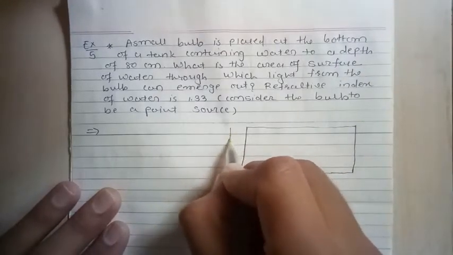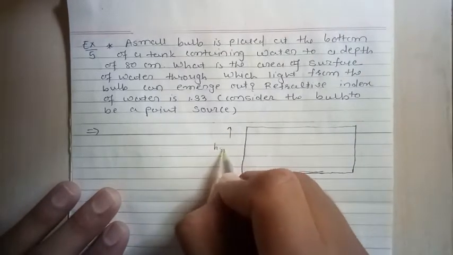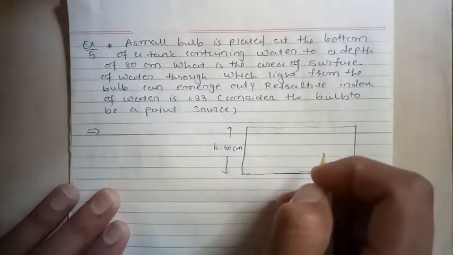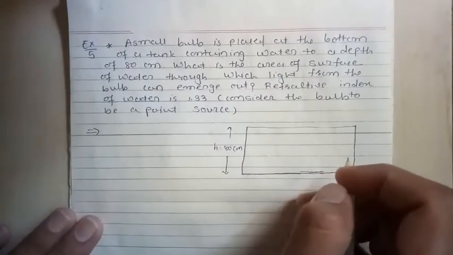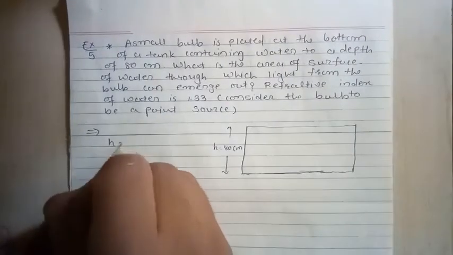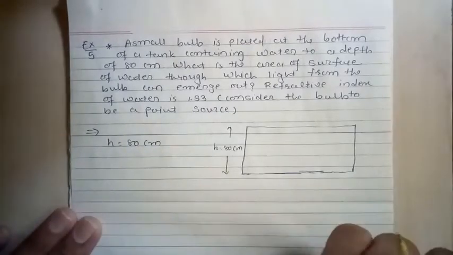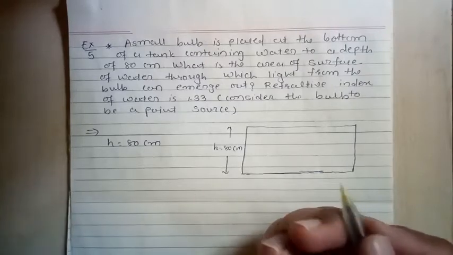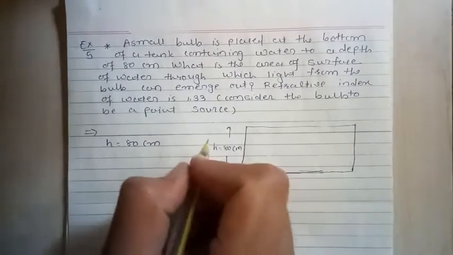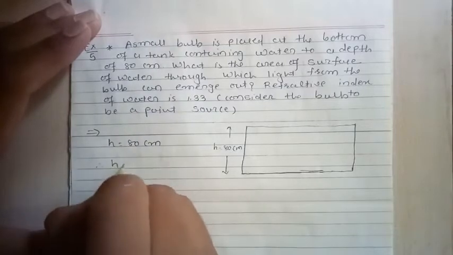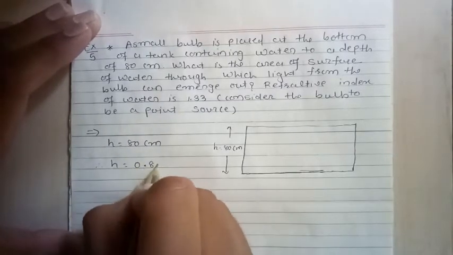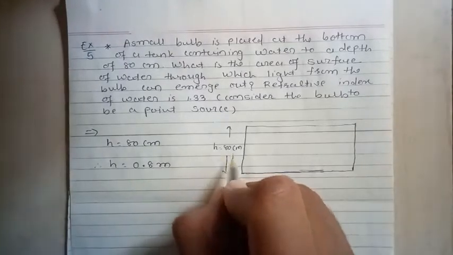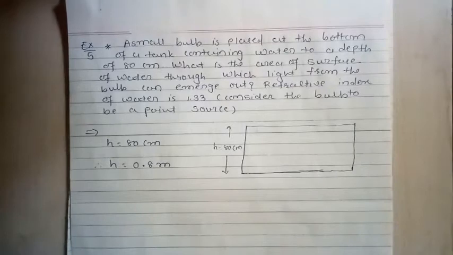So here H is equal to 80 centimeter. If we convert to SI, we convert centimeter to meter, so we divide by 100. So H is equal to 80 upon 100, so 0.8 meter. So you can say 80 centimeter or 0.8 meter, right?